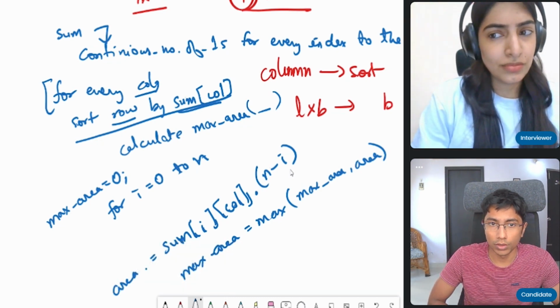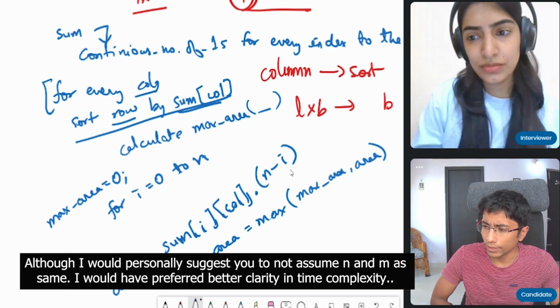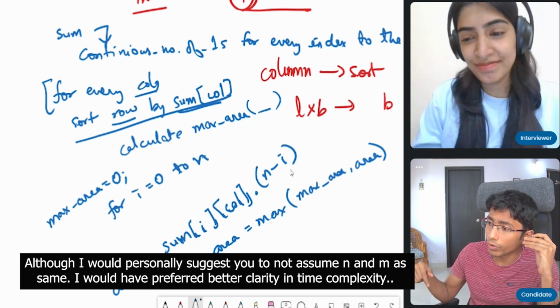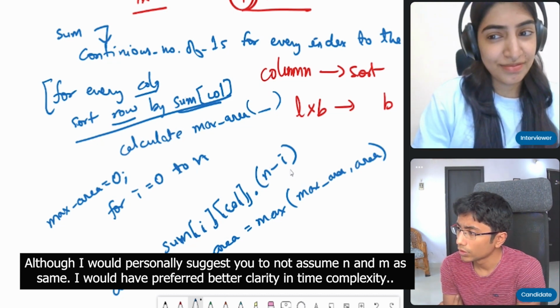Every column is being sorted, and then we are finding the area. So inside that, for every possible column, we are also doing something like calculate max area.